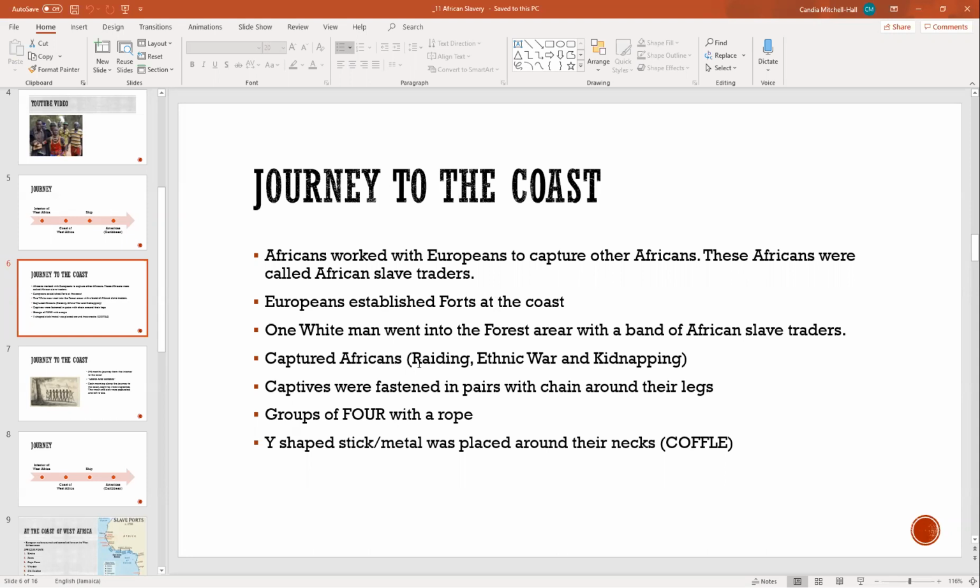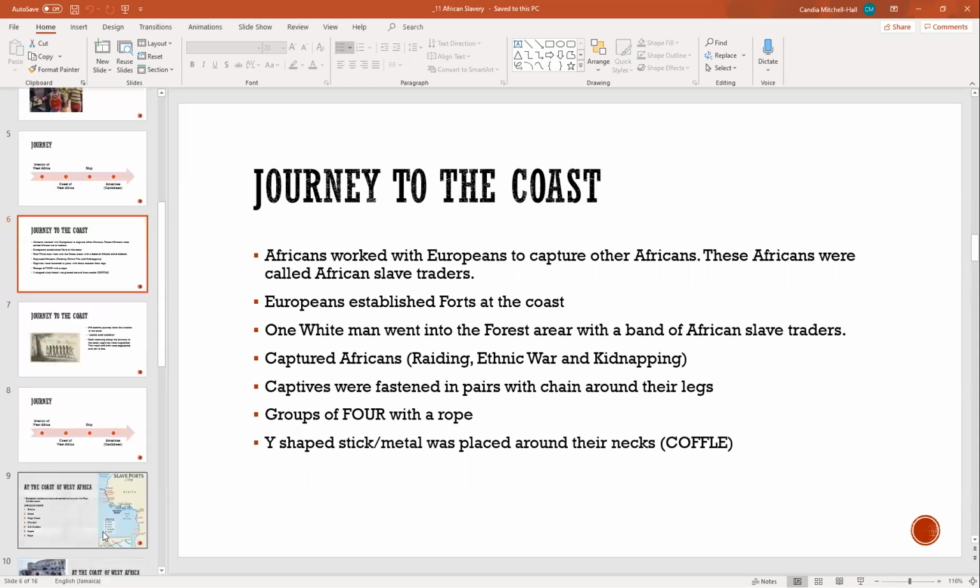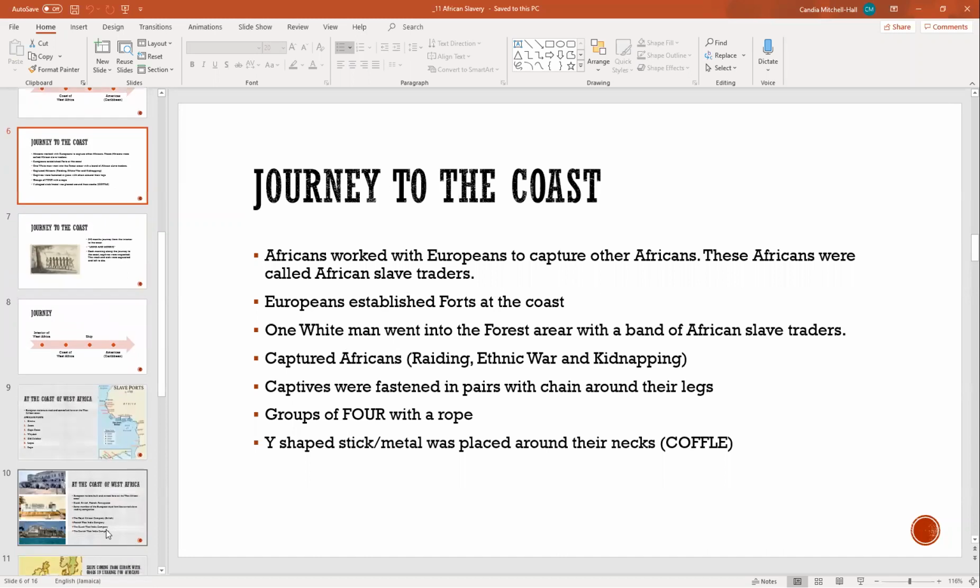Then going into the interior of Africa, not all Europeans, not all white persons went in. Usually, one white man went into the forest with the African slave traders.